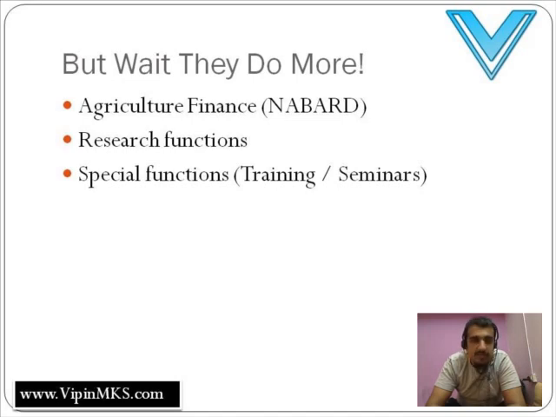Special functions, training and seminars. Recently RBI had conducted a 100-hour seminar on how to recover bad debts. Now there's been a lot of problems, especially when it comes to ICICI Bank, the rough handling and the manhandling of customers who've not been able to pay back the loans properly.